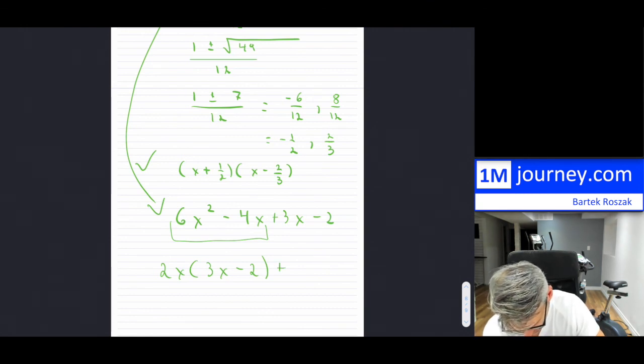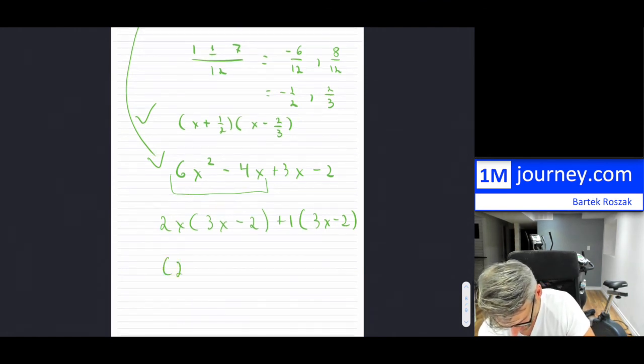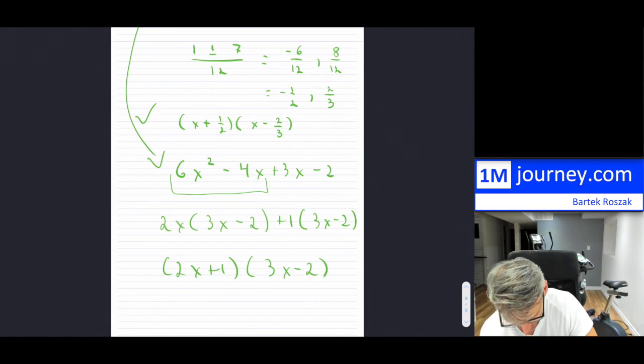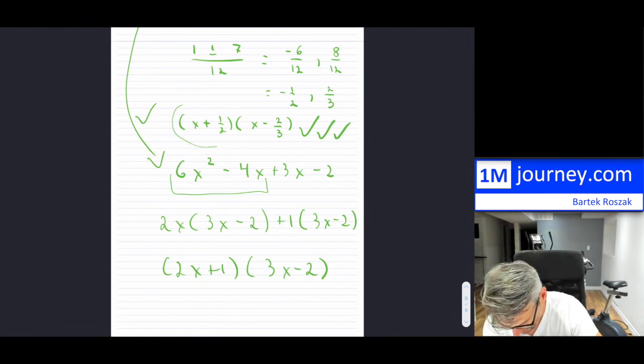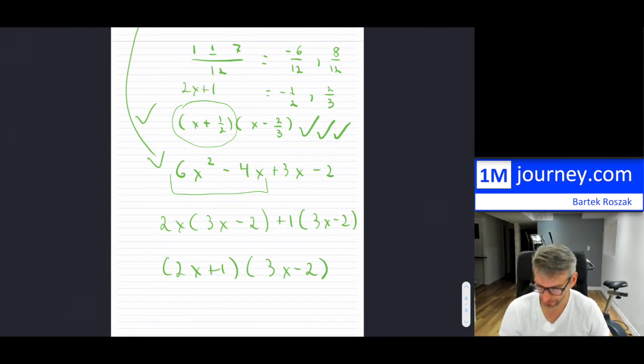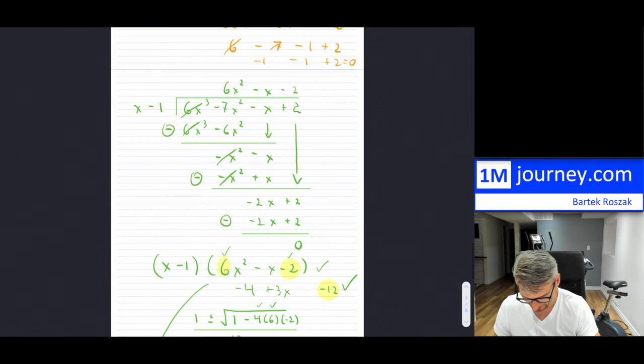And then here, 3x minus 2, and there you have it. So you have 2x plus 1 and 3x minus 2, which is going to have those as zeros. And in here, this would have been just 2x plus 1. So we should have just done it in this way. So those are our factors.